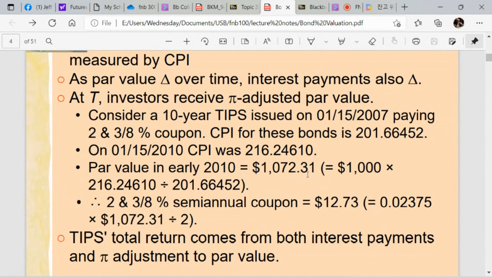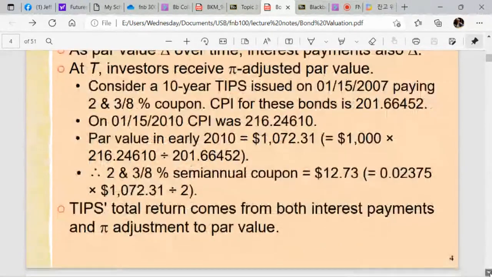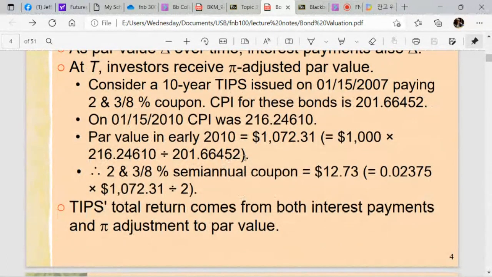You'll get the maturity value, and then the interest for 2010 will be simply this percentage, and if we convert it into a regular decimal, it comes to 2.375%.